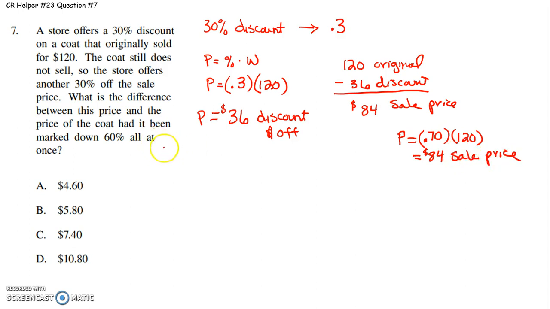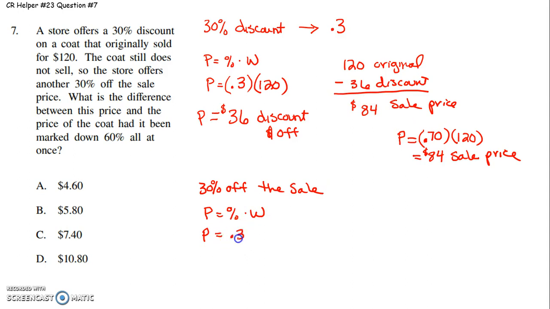Okay? And now I'm going to take 30% off the sale price. It's still not selling, so I'm going to take 30% off the sale price. So again, now I have part equals percent times the whole. We have a new whole. The new whole price is $84.